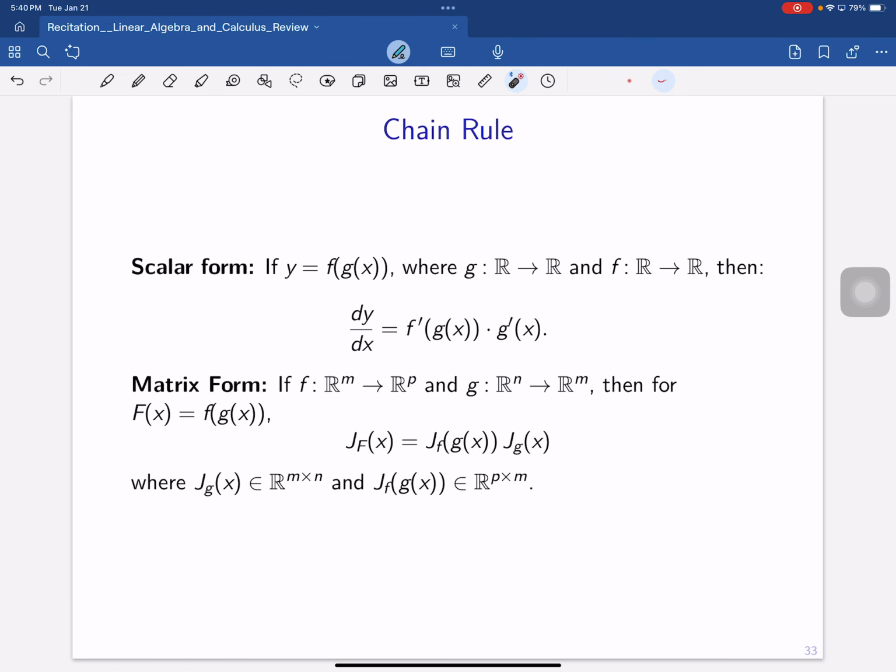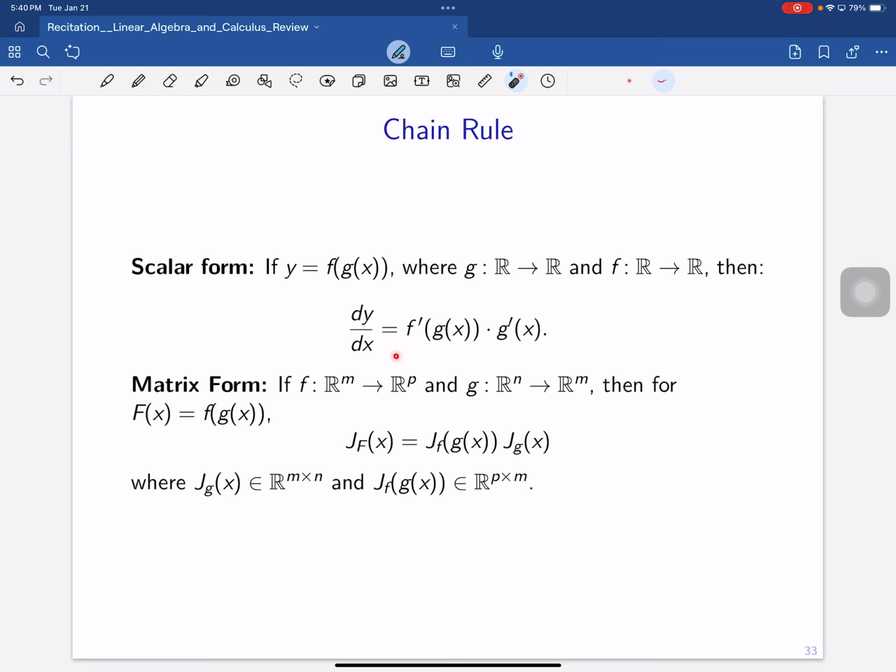Here let's talk a bit about the chain rule. You should be pretty familiar with that because I assume most engineering math classes will teach you how to do the calculations. Let's say you are talking about the chain rule in scalar form. You want to take this composition of functions f of g of x, and take the derivative with respect to x.